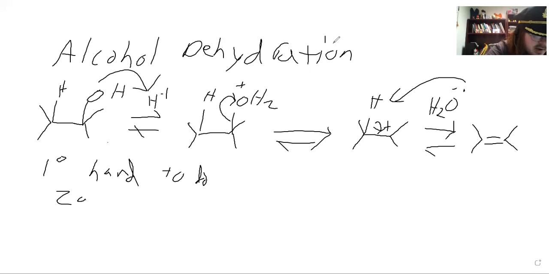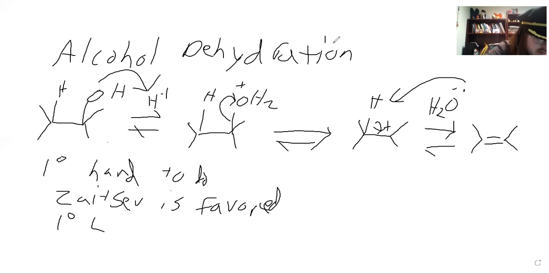Typically Zaitsev's product is favored. So that's the most highly substituted. Let's say E1, just put notes, E1 rearrangement common.